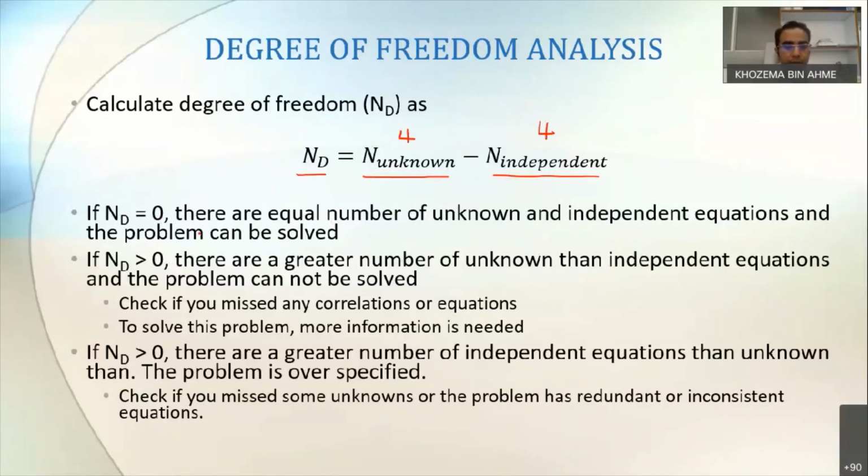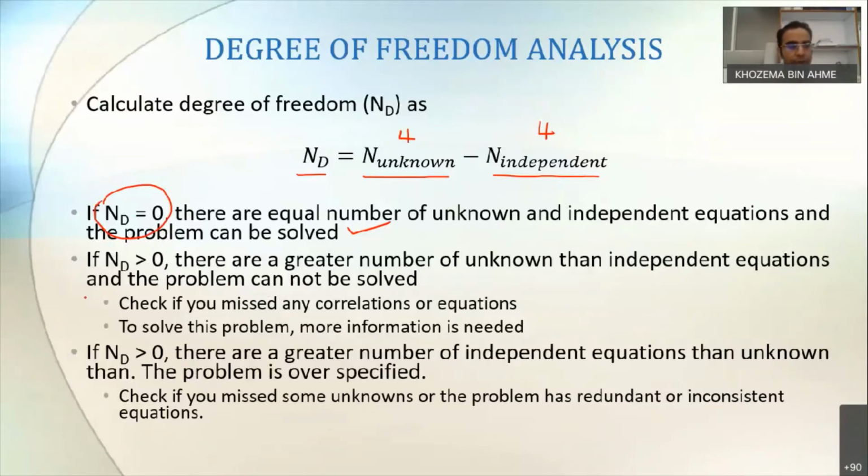So we say that there are equal numbers of unknowns and independent equations, and the problem can be solved. Every time you do a mass balance question, step 1, step 2, step 3, this is step 4. Whenever you do step 4, you must make sure that your N_D is equal to 0.